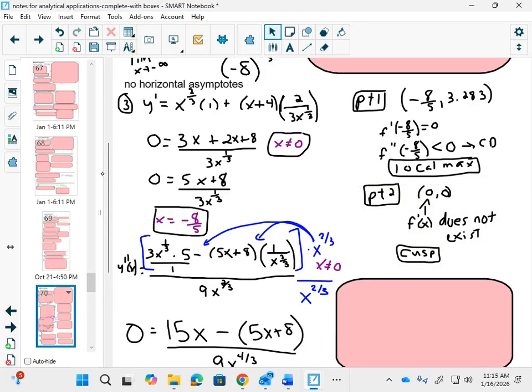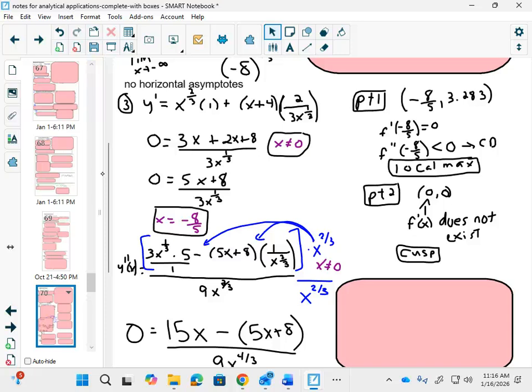Point number 2, 0, 0 is going to be a cusp or a corner. I think in this case it's a cusp. You don't have to know the difference between a cusp and a corner. I think technically, I'd have to look this up.